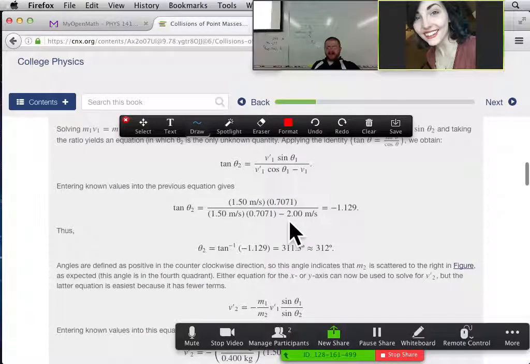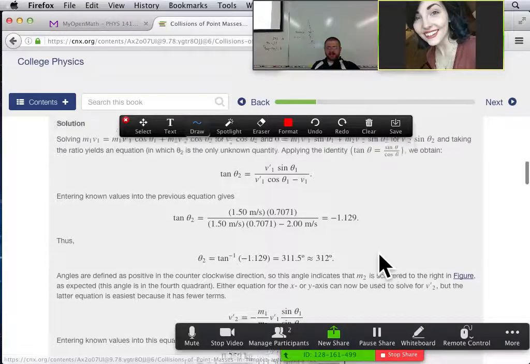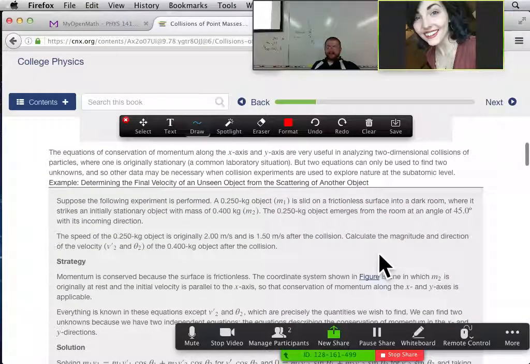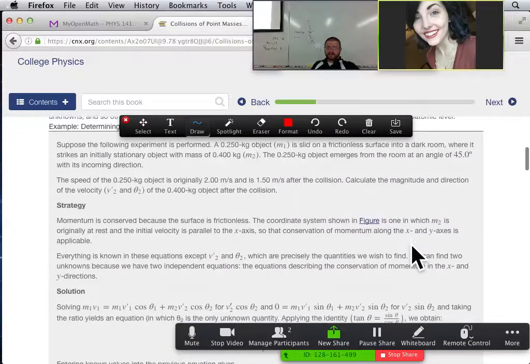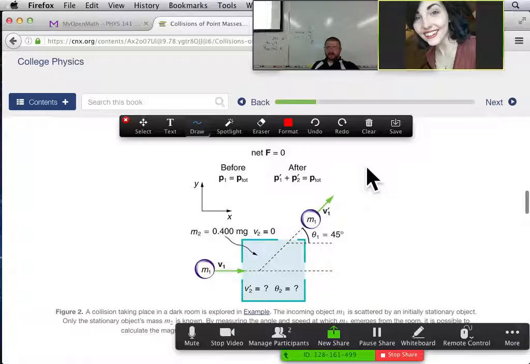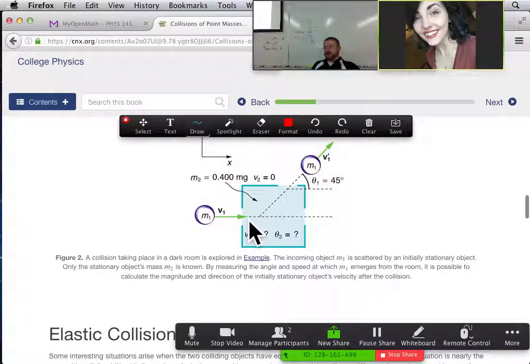Their angles are defined as positive in the counterclockwise direction, and let's see, they're going to the right. So here's their picture. They're going to the right.